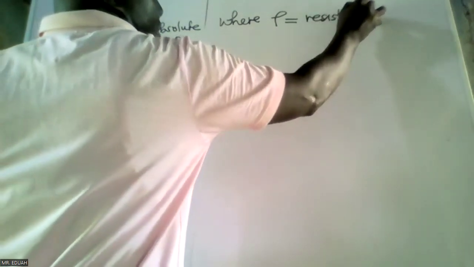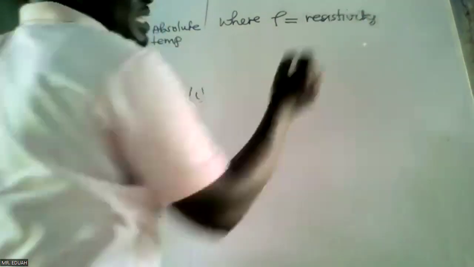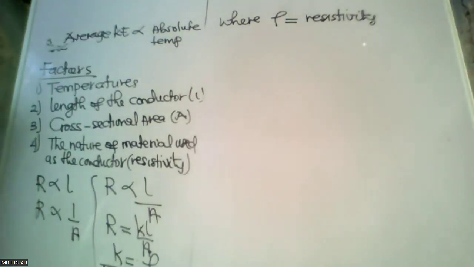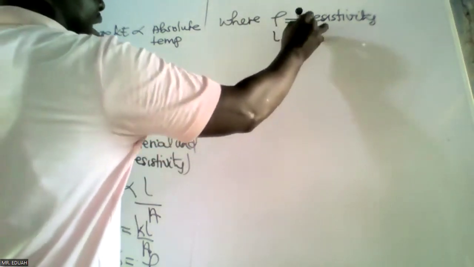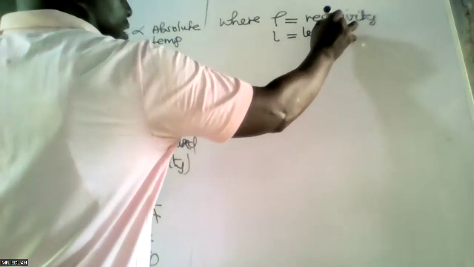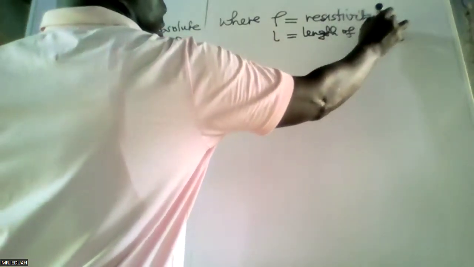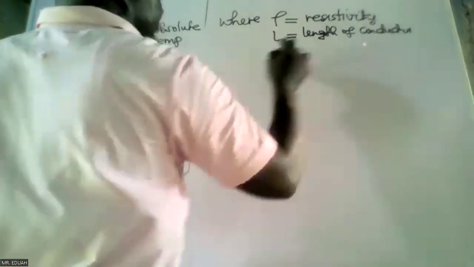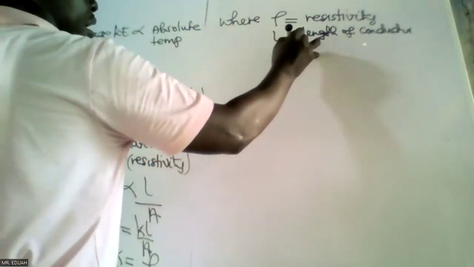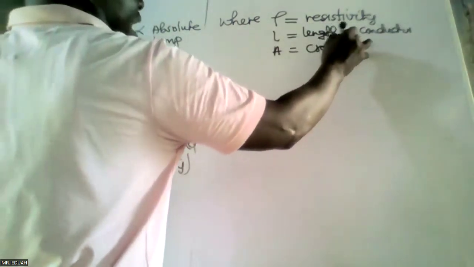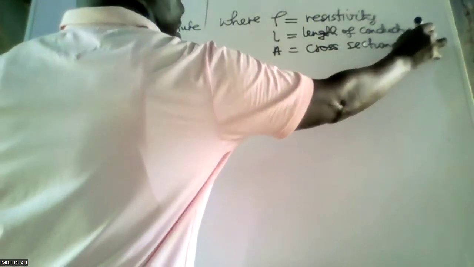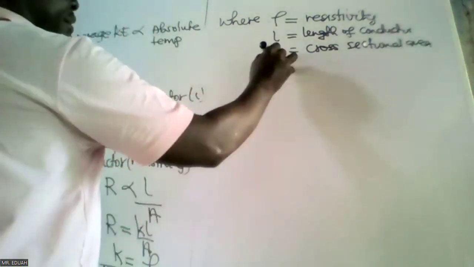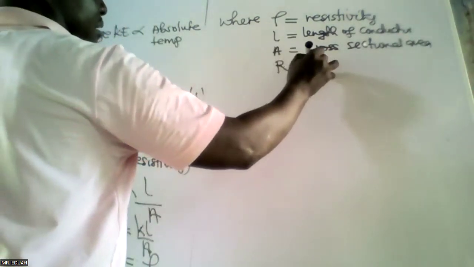And resistivity is the specific resistance to the flow of current. Then L is the length of the conductor. Then A is the cross-sectional area. R is resistance.